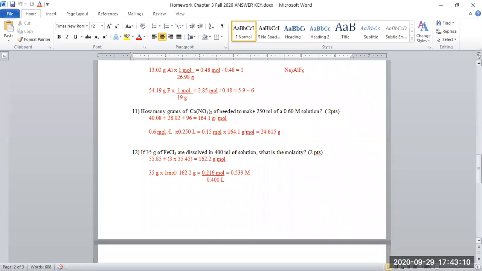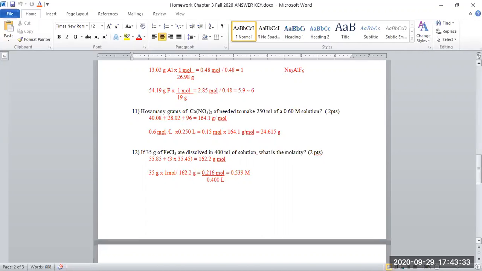Then we moved on into the solutions, which was the final segment of the chapter. If I have calcium nitrate and I want to make 250 mL of 0.6 molar, I have to do a couple of different things here. One, I actually need to know what my molar mass is. So calcium plus 2 nitrogens plus 6 oxygens.